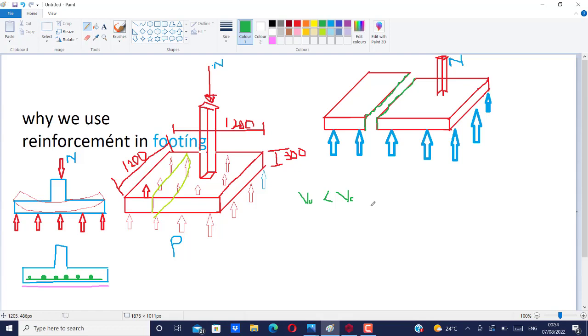In our calculation, you will get to understand it more. But I just want to explain how you can arrest this situation if you are designing and it happens that when you check for one-way shear or direct shear, it's failing.